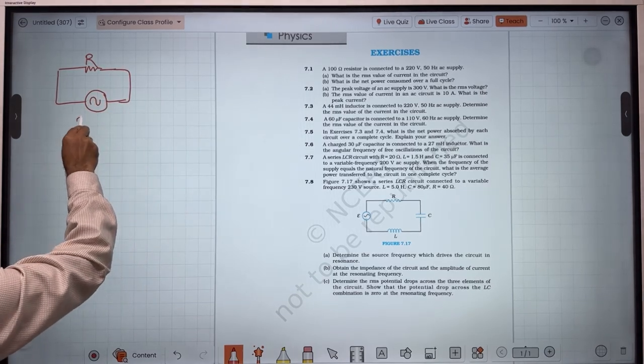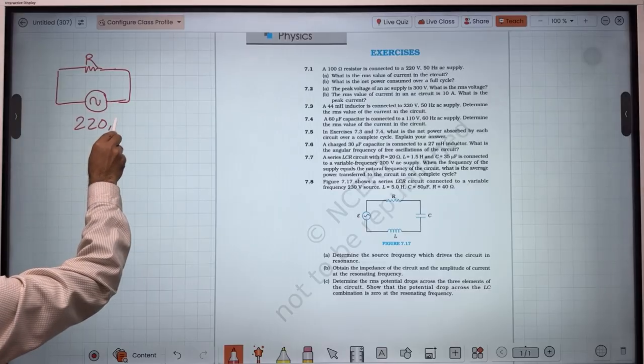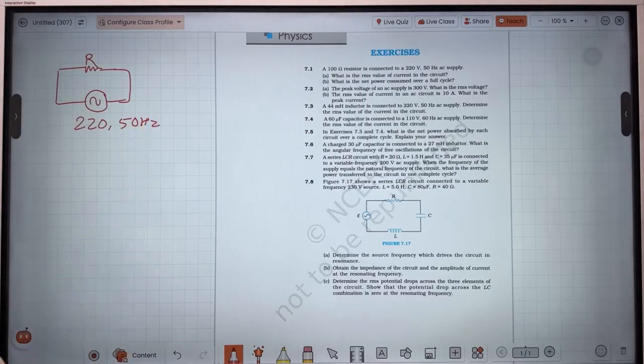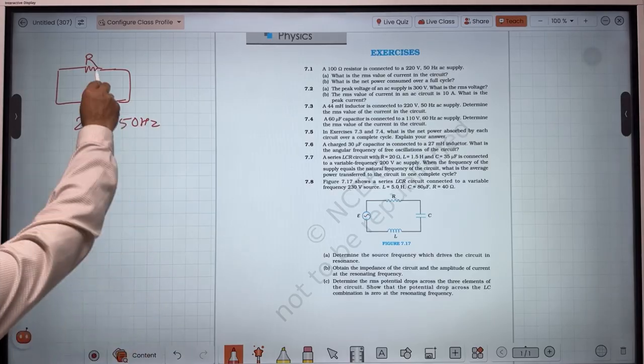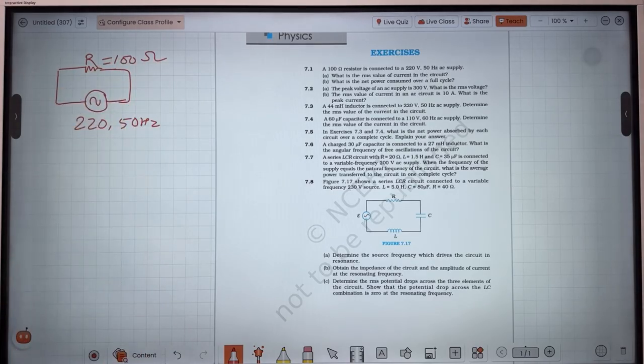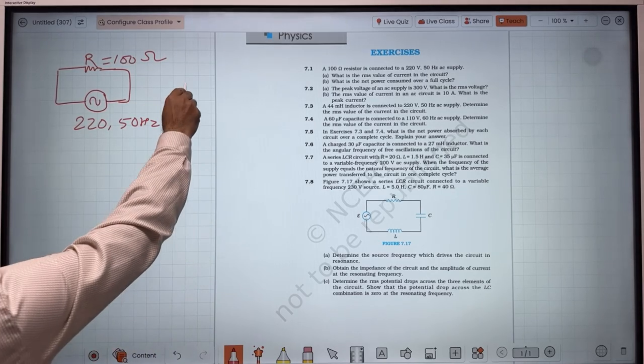Here it's given 220 volt 50 hertz, right? And the value of resistance is given as 100 ohm. Our concern is to find the RMS value of current, and after that what is the power consumed.